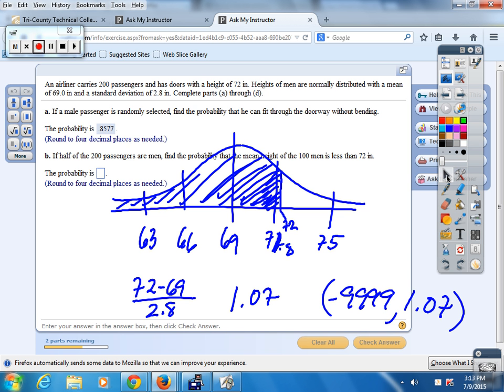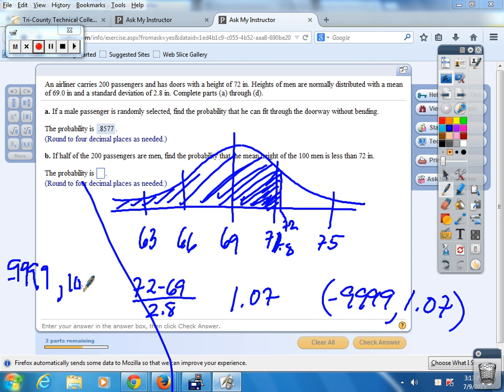And somebody give me that z-score. I got 10.714, which I can tell you what that is. It's 0.9999.